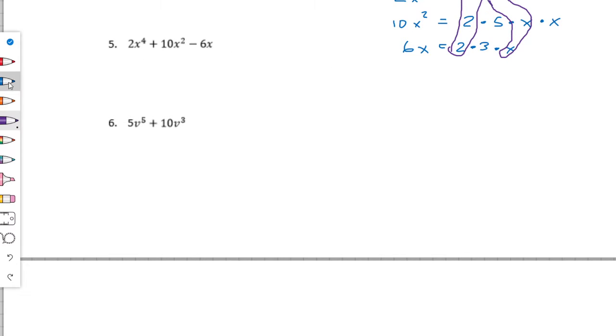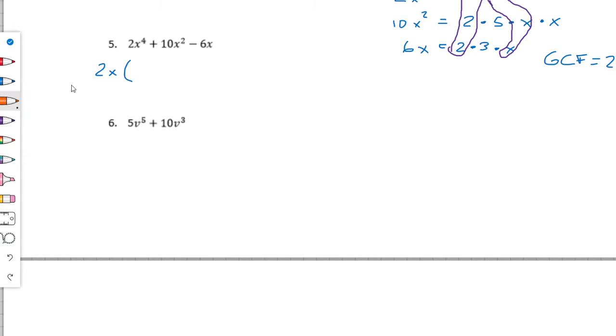So if I was to factor out the greatest common factor, the GCF is going to be 2x. So let's pull 2x out. 2x. And then we're going to write what we have left in each one of those.